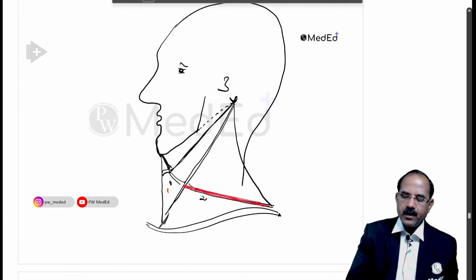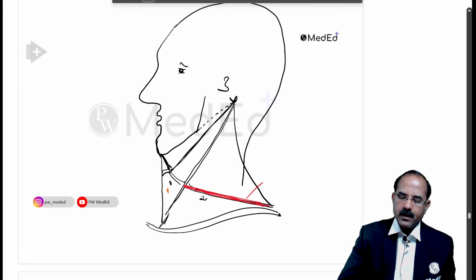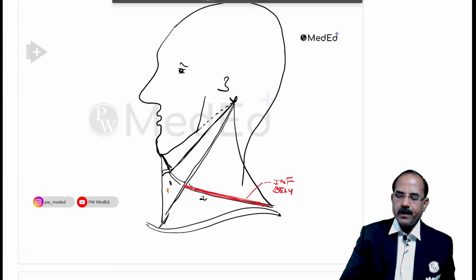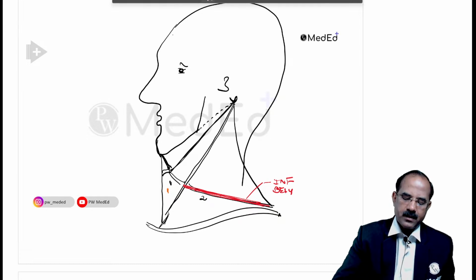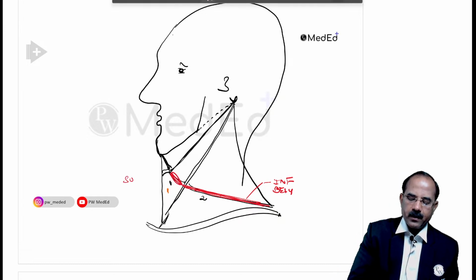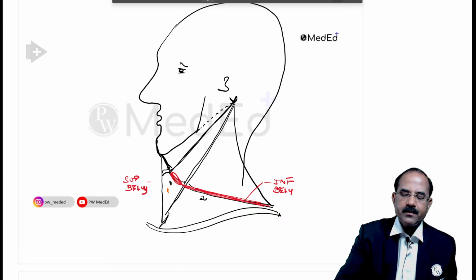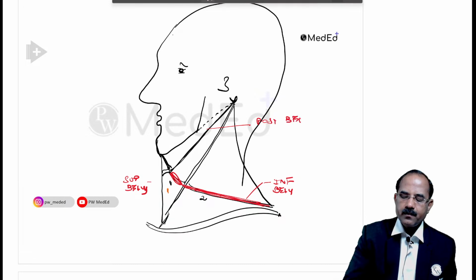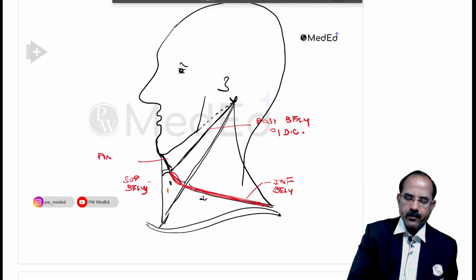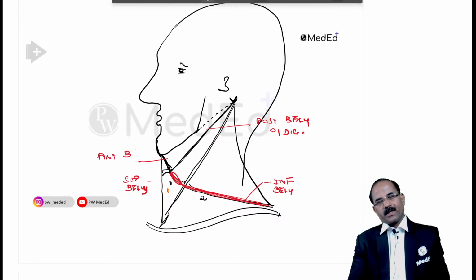That's the inferior belly of omohyoid. And what is this muscle? That's the superior belly of omohyoid. Right. What is this muscle here? That's the posterior belly of digastric. The anterior belly of digastric. Clear to all of you?